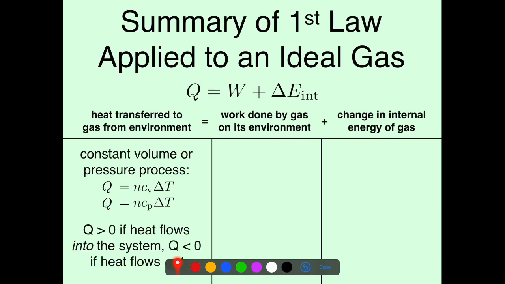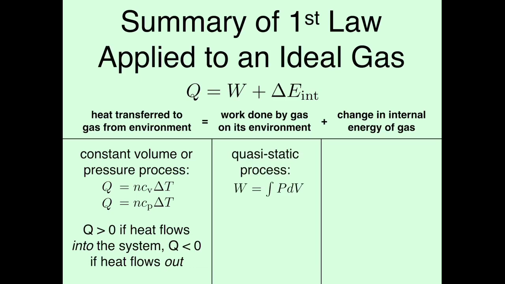How do we understand conceptually the sign of Q? Well, Q is going to be positive if heat flows into the system, and Q is going to be negative whenever heat flows out. And that makes sense because if delta T is positive, that means the temperature has gone up. That means Q must also be positive. That corresponds to heat flowing in. If delta T is negative, the temperature is going down, then Q is negative. So the sign should make sense intuitively.